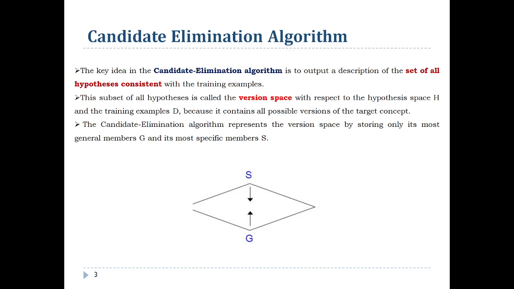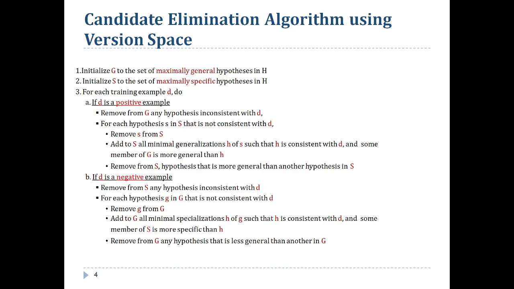In the find-S algorithm we were considering only positive examples. So that is the one main difference between find-S and the candidate elimination algorithm.